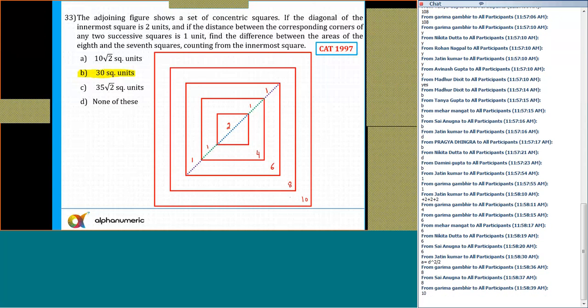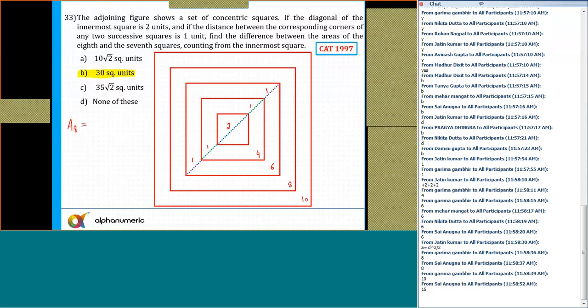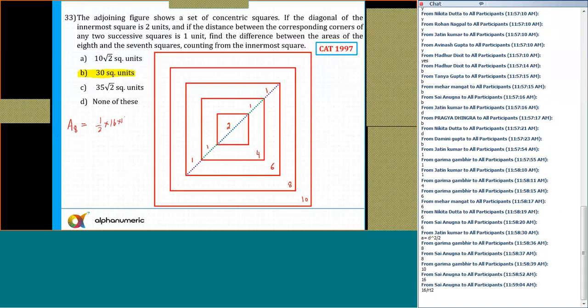So 2 into 5. Now find the difference between the area of the 8th and the 7th square. So the area of the 8th square: the length of the diagonal will be 16, and area is always half into the product of diagonals, which is half into 16 into 16, and that comes out to be 128 units, not 16 root 2.